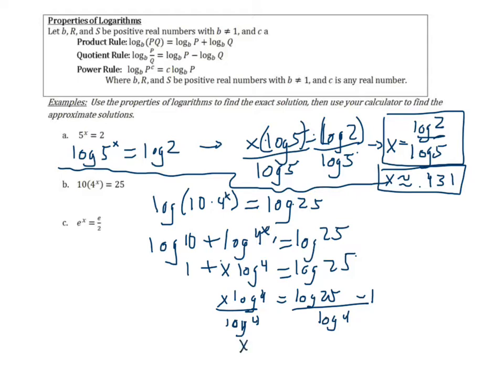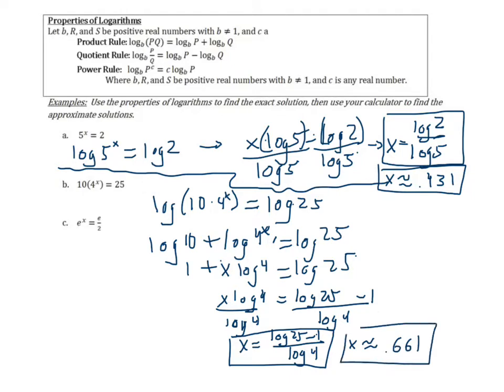So x is log 25 minus 1 all over log of 4. Okay, and if we want an approximate solution, we can go to our calculator. X is approximately 0.661. Be careful with your parentheses when you type this in your calculator.